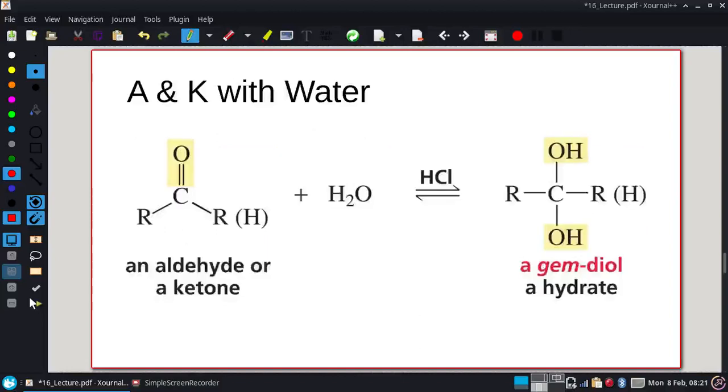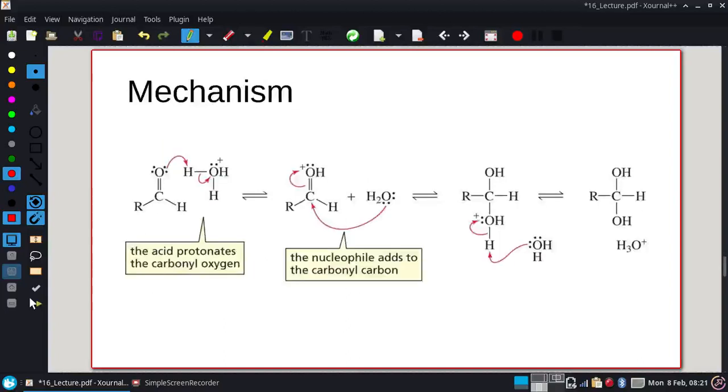All right. Next thing I want to look at is a little weird equilibrium we're going to have with our carbonyls. Turns out all carbonyls, aldehydes and ketones especially, will react with just water and make geminal diols. Geminal meaning the OHs are both coming off the same location, but it's just a hydrate of it. Now, it is an equilibrium between these two, and the mechanism is kind of what we'd expect.